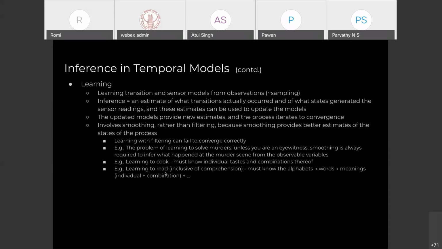Even our bots today, almost all the available chatbots that we have, they can all read. But if you're trying to bring in reading and comprehension together, it's not just knowing the alphabets, it's not just knowing the words, it's connecting the meanings as well.